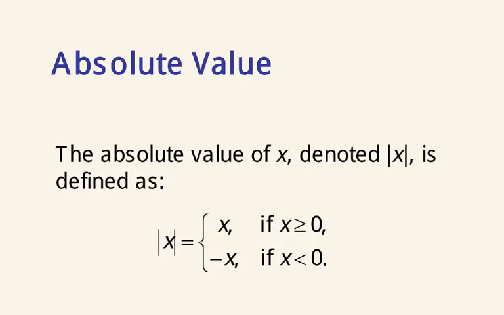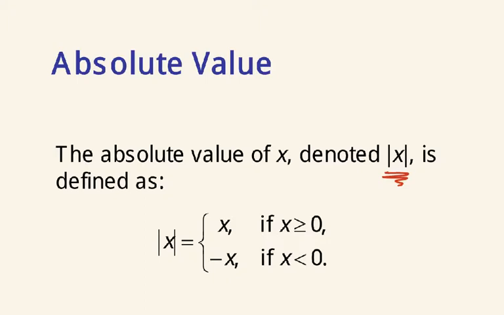So let's just remind ourselves what absolute value means. The absolute value of x, which we write like this with the absolute value signs, is defined this way. It's x if x is positive or 0, and it's the opposite of x if x is less than 0.